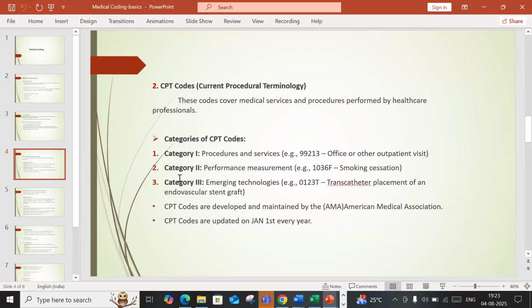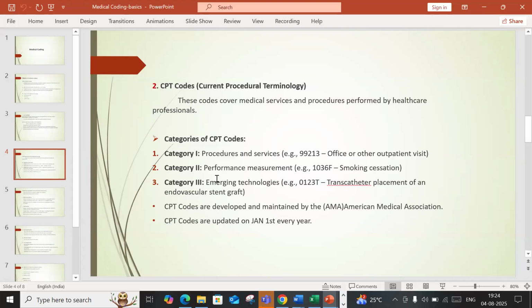Next, Category 2 codes. These codes we are reporting for performance measurement. Example, 3016F. This Category 2 CPT code ends with the letter F: 4 numericals but ends with the letter F. This is the code for smoking cessation. Performance measurement is nothing but, for example, the patient is having severe chest pain.